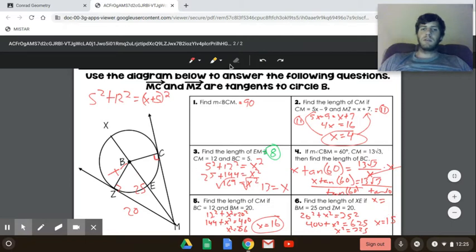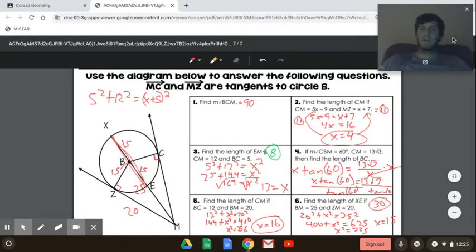So that means this distance here is 15. Right, that means that BE is 15 and XB is 15. So this total distance here, the diameter XE, is going to end up being 30. So our answer here is going to be 30.